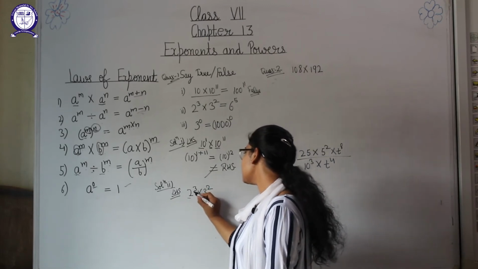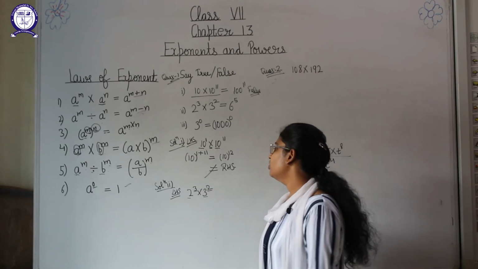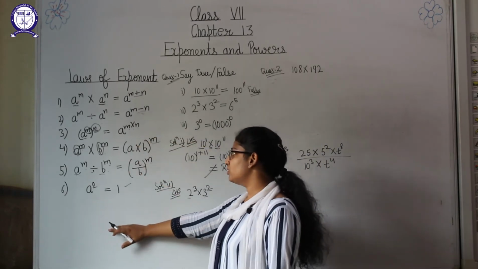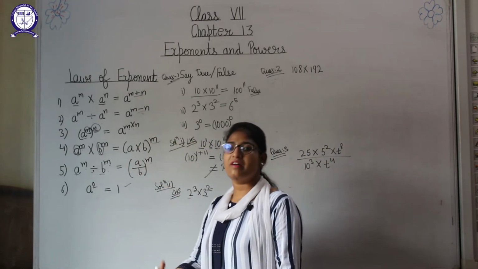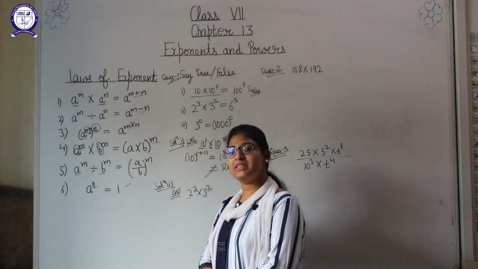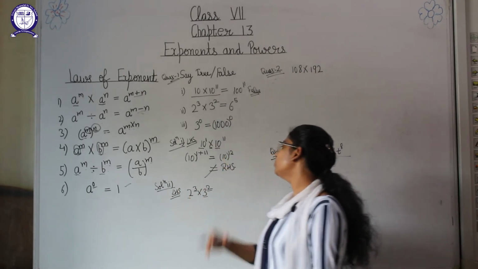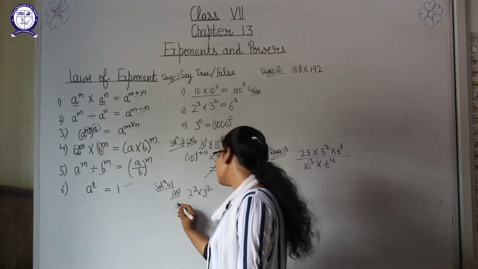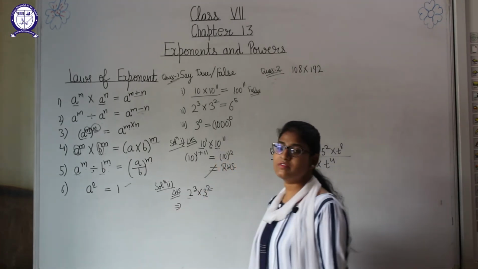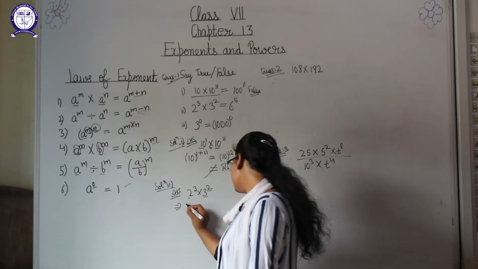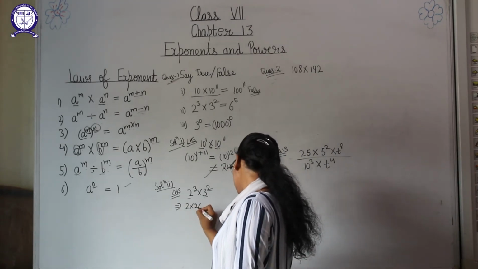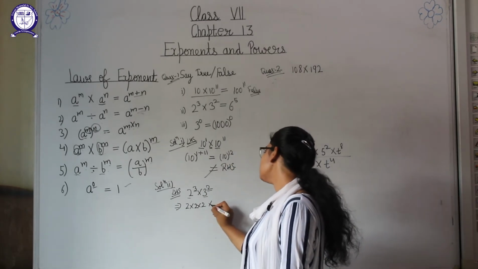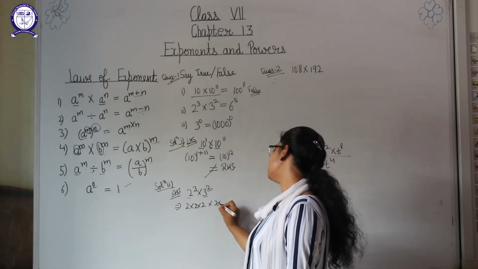The powers 3 and 2 are also different, and as we know from our laws, either the power should be the same or the base should be the same, but here both are different. So we will try to solve them. What will be the answer of 2 cube? 2 cube means 2 into 2 into 2, that is 2, 3 times in multiplication, and 3 square means 3 into 3.